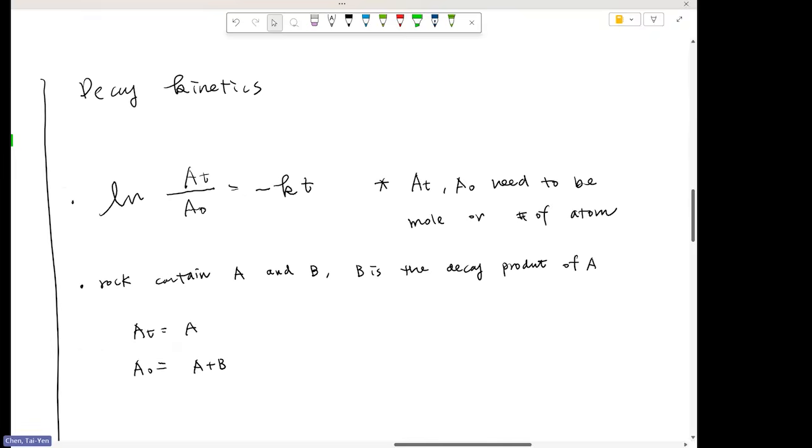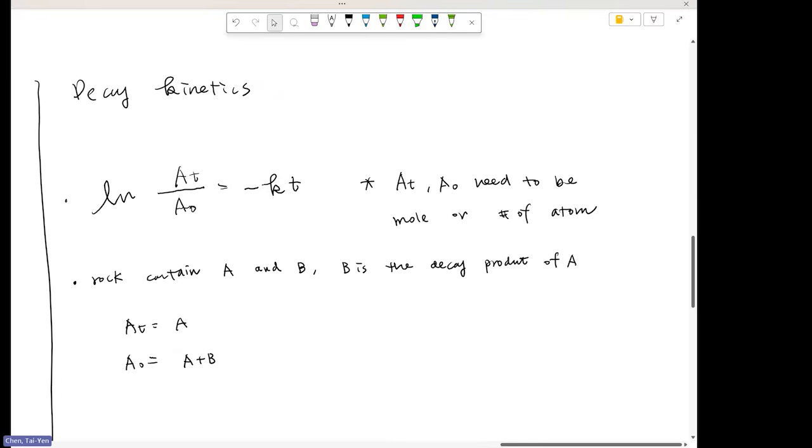The very last topic for chapter 18 for midterm 3 is the decay kinetics. Only one equation: natural log of A_t over A_0 equals negative kt. One thing you have to be careful about is that A_t and A_0 can be your number of particles or moles of the particles.